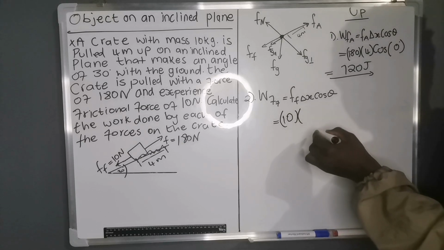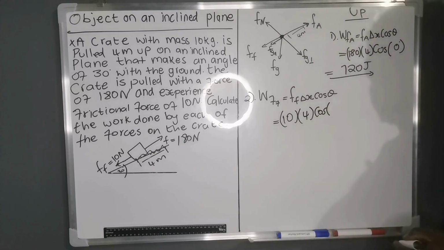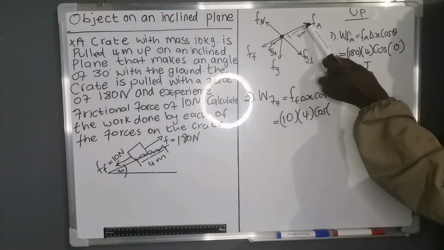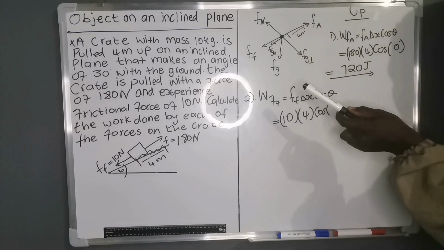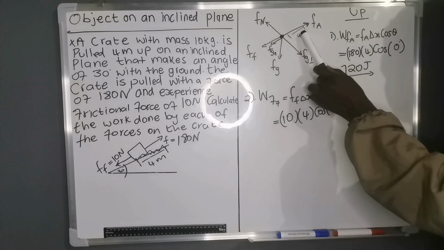What's the value of change in x? 4 meters. What's the value of theta? We measure the angle between the frictional force and the displacement. Where is our frictional force? On our left-hand side. Where is our displacement? On our right-hand side. So they're in opposite directions. Therefore, this is negative work.